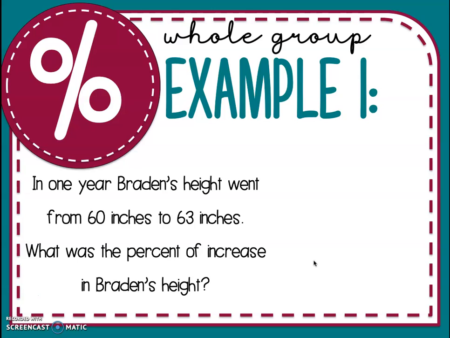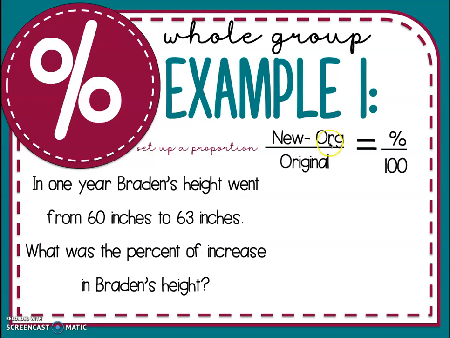It says, in 1 year, Braden's height went from 60 inches to 63 inches. What is the percent increase in Braden's height? Well, we can tell that he went from 60 to 63, so it's a percent increase. Also, the question tells us it's a percent increase. Okay, so to calculate that percent increase, we're going to set up a proportion, and again, this is going to be part of our work.